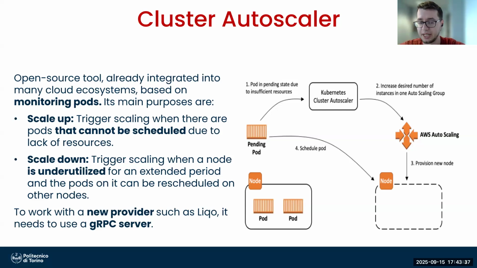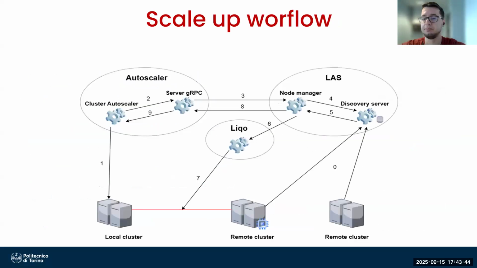I wrote this down to better understand the next part, that is a simple workflow for a scale up. We have our local cluster that is working normally, and the cluster autoscaler is watching our local cluster.